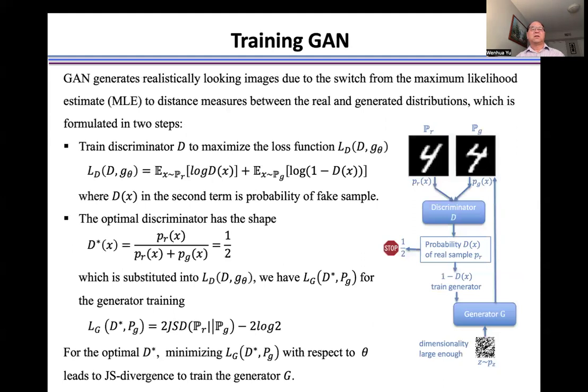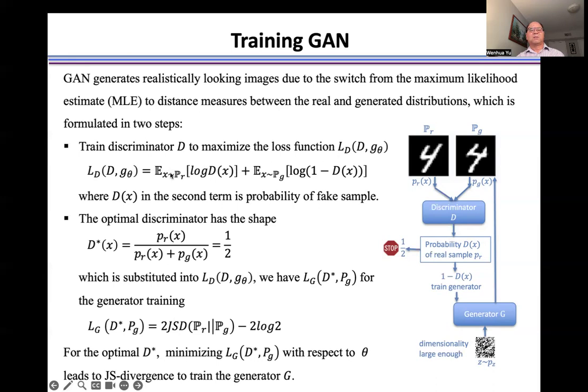GAN generates realistic looking images due to the switch from the maximum likelihood estimate to distance measures between the real and the generated distributions, which is formulated in two steps. In the first step, we train discriminator D to maximize the loss function LD, which is the sum of two expectations.